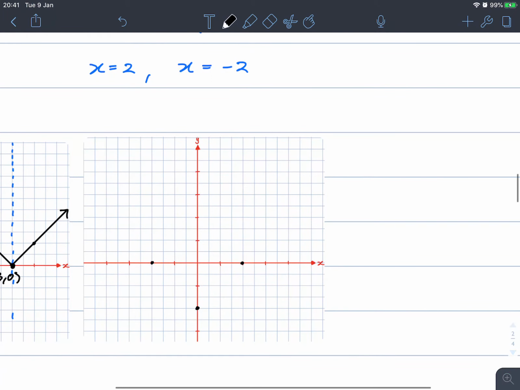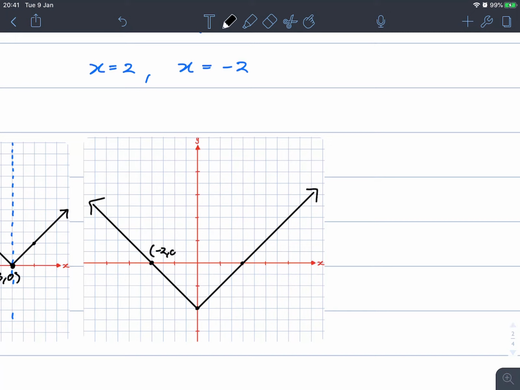Graphing this out, we get this function here. This point is at (-2, 0), (2, 0), and (0, -2).